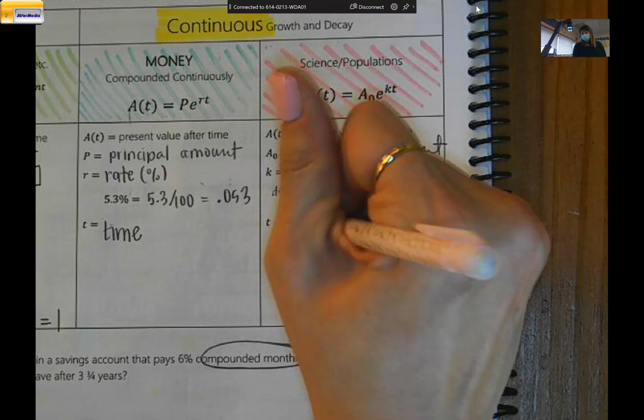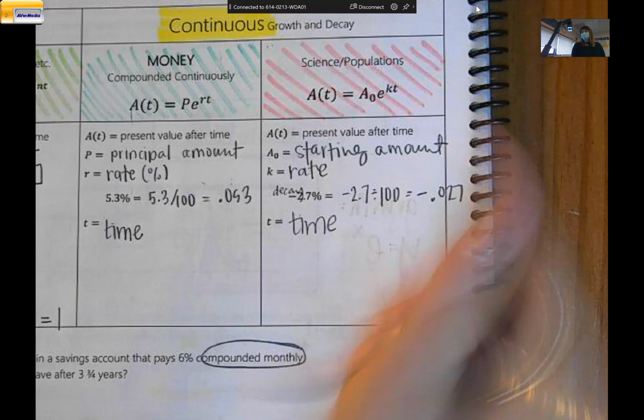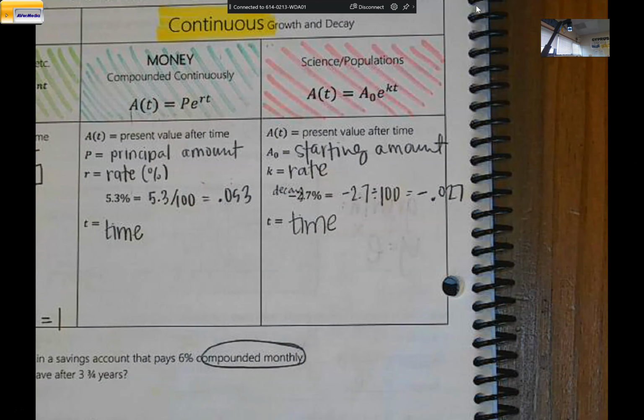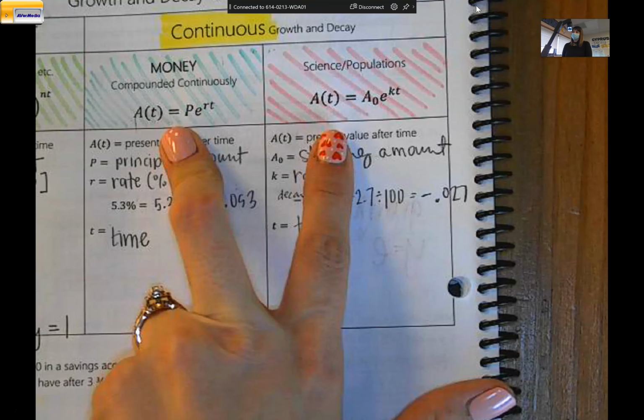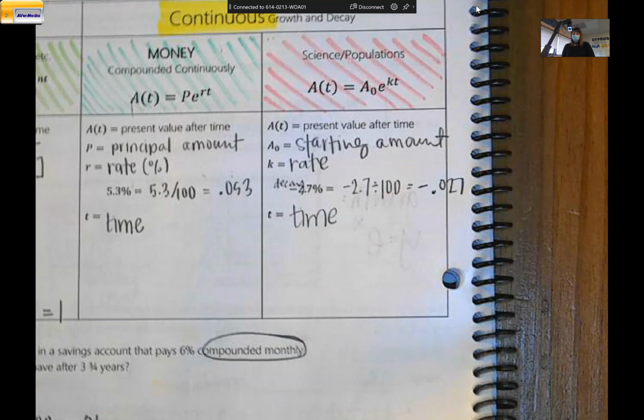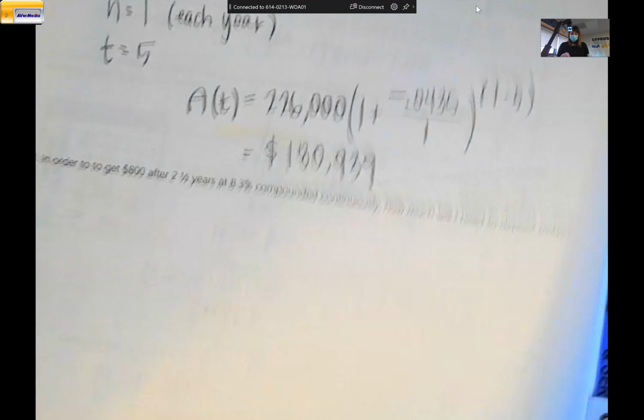And then T, luckily, is time. In all of these, T is just time. So even though it seems like we have a bajillion different formulas, these two are really the same. So this is going to be related to science. That's our last page in our notes.